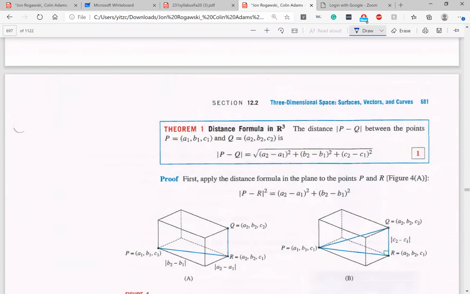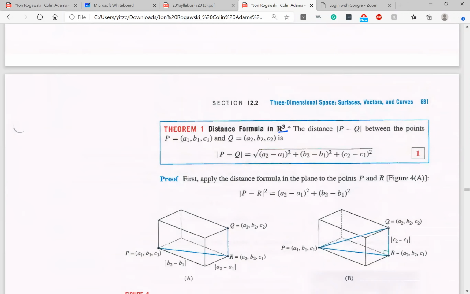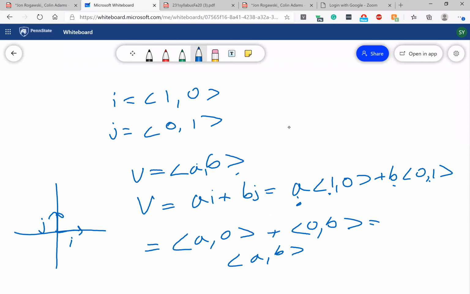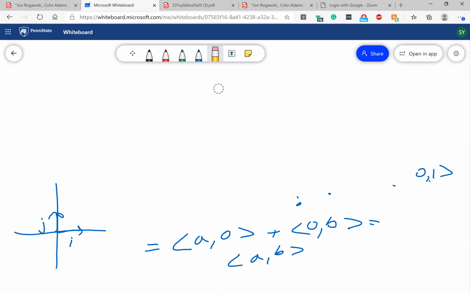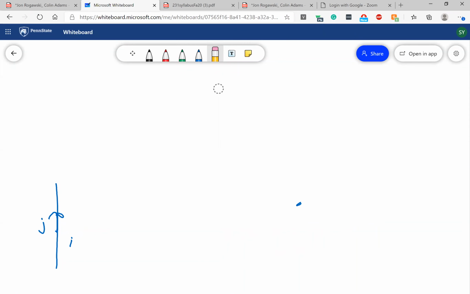Okay, so now they want to tell us the formula of the distance in R3, so in 3 dimensions. So you start by having 2 points, P and Q. So right now we're in R3.